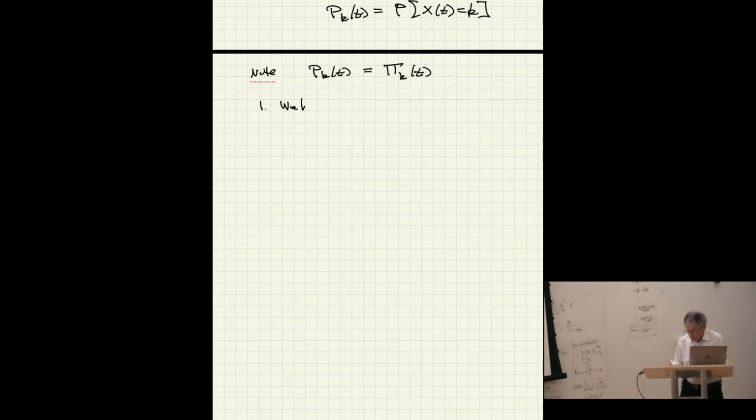Either we had k at time t, and no state changes in this interval t to t plus delta t.